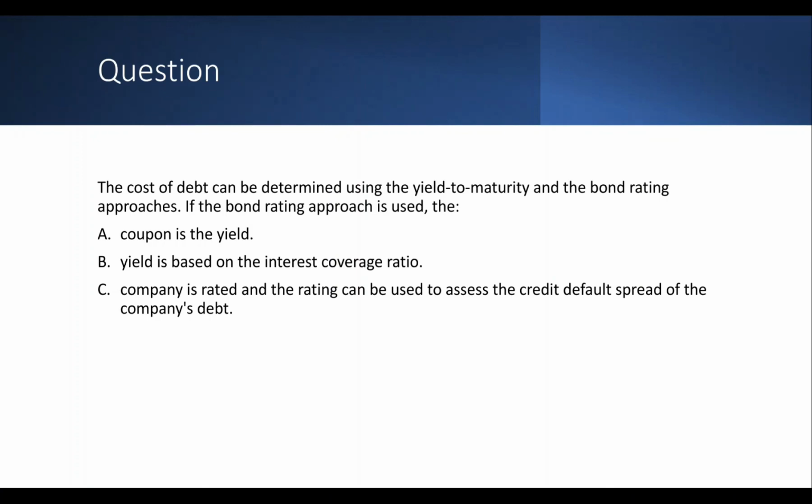Option B, yield is based on the interest coverage ratio. Where does this option come from? Anyways, option C, company is rated and the rating can be used to assess the credit default spread of the company's debt. This is correct. So option C is correct.